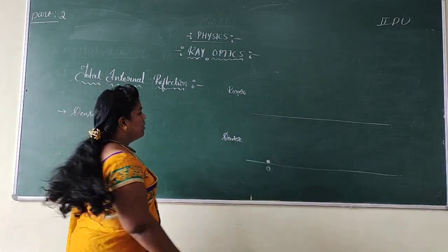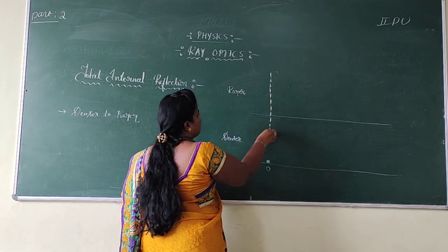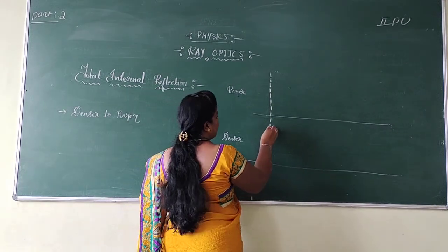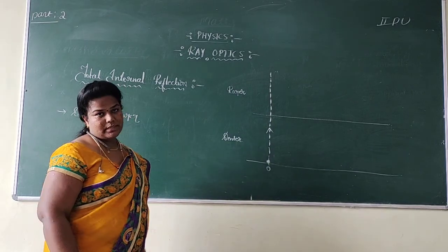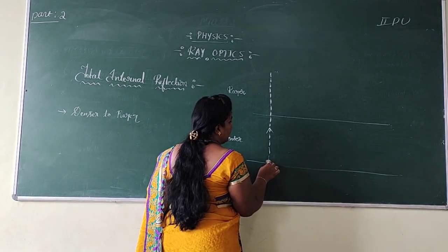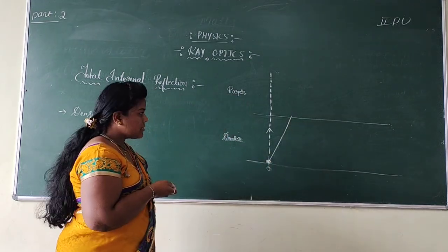Now this is the normal. If a ray of light travels along this normal, it doesn't undergo refraction, it traces the same path. Now, if the object was present here, it is going to send rays in all directions, right?